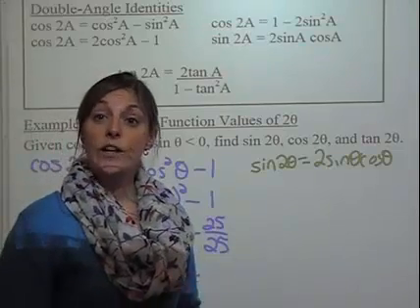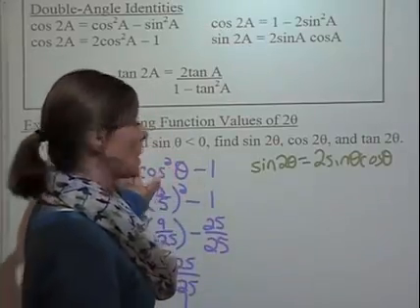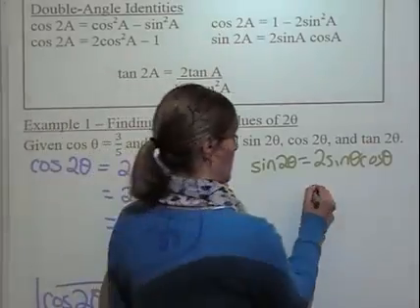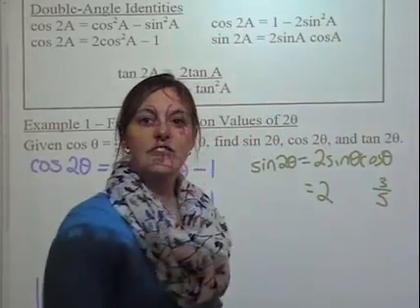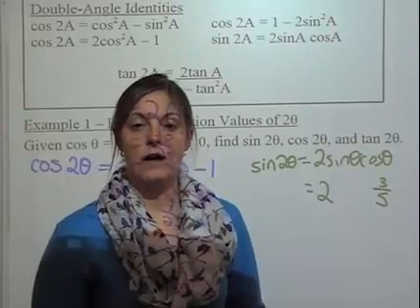Okay, so we know what cosine theta is. We know that's 3/5. And now we need to figure out what sine of theta is.